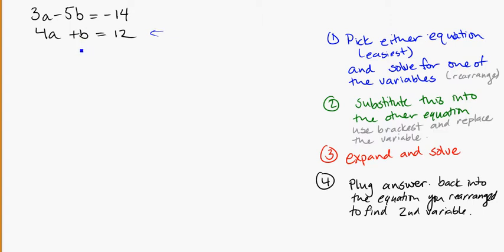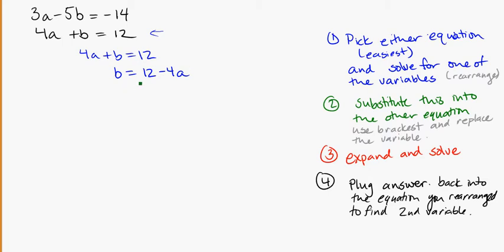So I'm going to say 4a plus b is equal to 12, and if I rearrange this equation, I write b is equal to 12 minus 4a. It's plus 4a on that side, so I need to minus 4a from the other side. And again, it doesn't matter if you solve for a or b first, you just need one of the letters by itself. So in this case, b is equal to something.